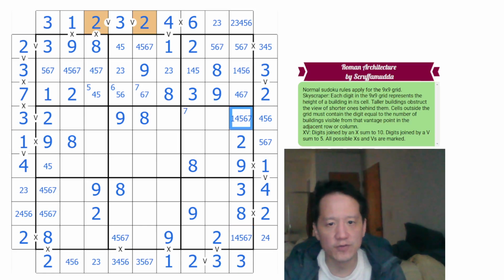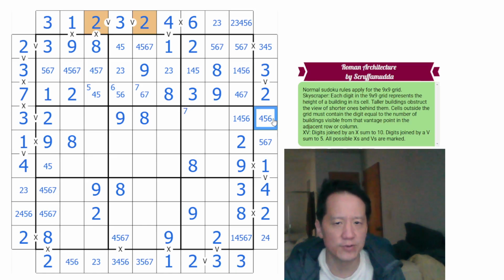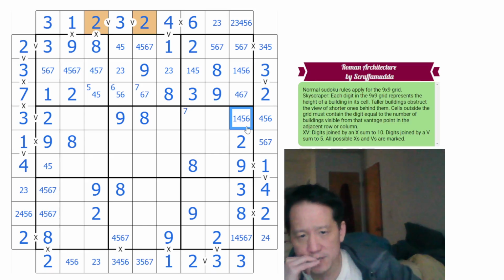This can't be 7 because it cannot be 1, 2, or 3. Why can't it be 2? Oh, because it has to see at least those 2, right? And it can't be 3. So this could be 1, 4, 5, or 6.